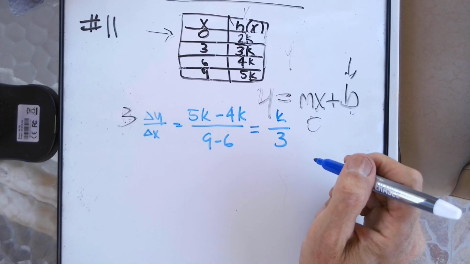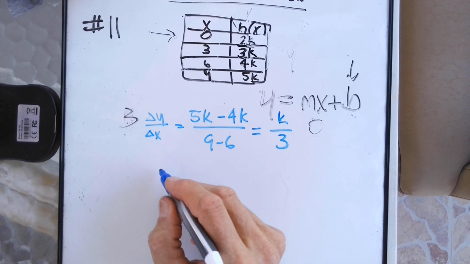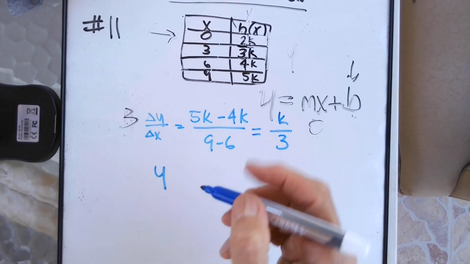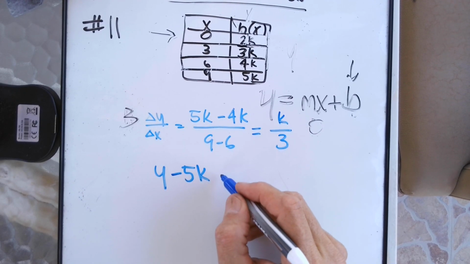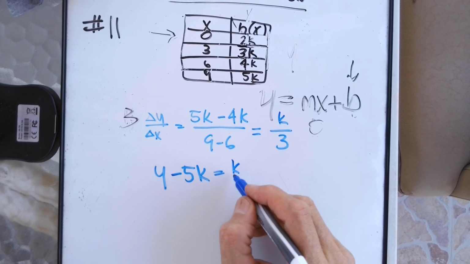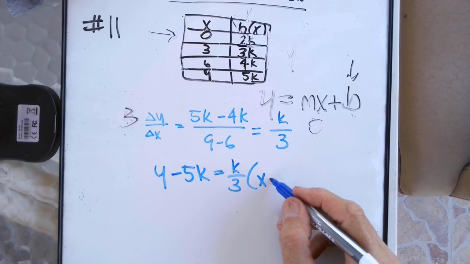Plug this back in with a point. So I said I would pick the last point, right? So it's y minus the y value. In this case, it's 5k. Our slope is equal to k over 3, and it's going to be x minus the x value.